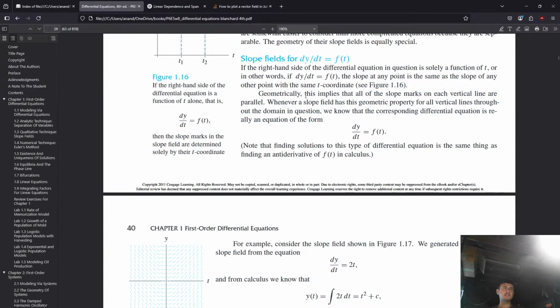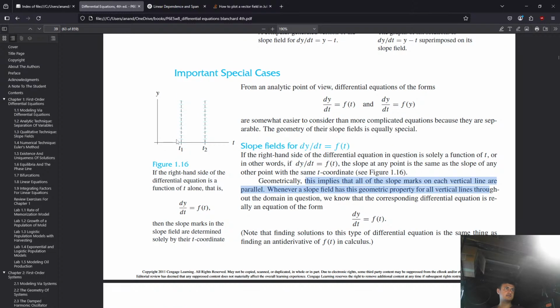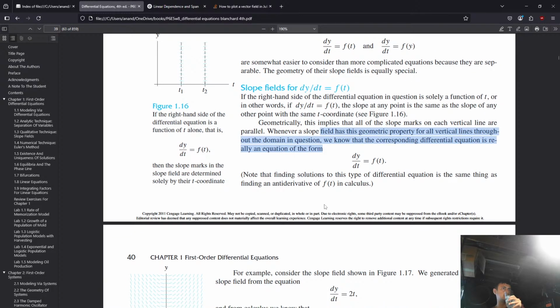Yeah, geometrically, this implies that all of the slope marks on each vertical line are parallel. Yeah, that checks out. So that's that. It's kind of light. You probably can't see it, but that makes sense. Whenever a slope field has this geometric property for all vertical lines, we know that the corresponding differential equation is really an equation of the form only of t.